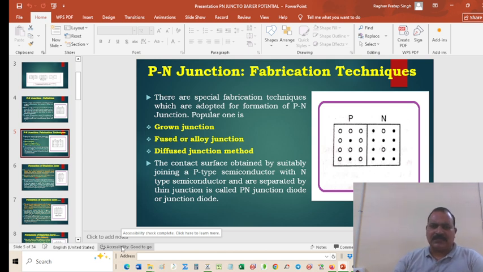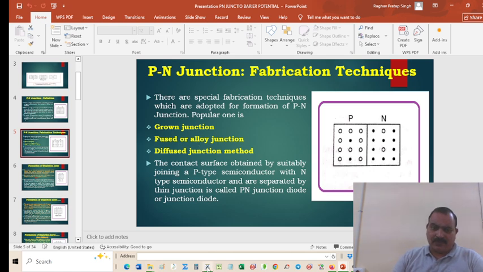It's not just like you cement the two, because that will create a discontinuity, and it's not about size, because you are dealing with very small sizes, the atomic levels there. So that will definitely create the discontinuity. So these are the few important special techniques used to fabricate the PN junction.